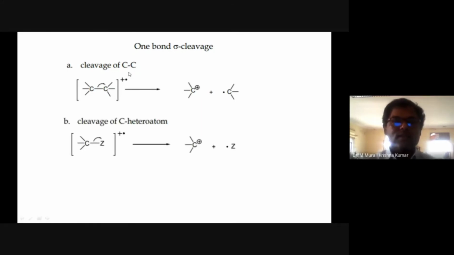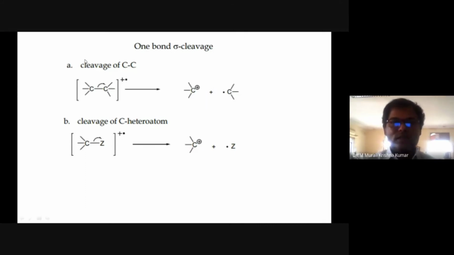The next one is cleavage of C and heteroatom. It is also possible, because in organic compounds we will also have heteroatoms. When a heteroatom is there, nitrogen, oxygen, sulfur, or even sometimes halogens, they tend to pull away electrons with them because of their electronegativity or one or the other factor.